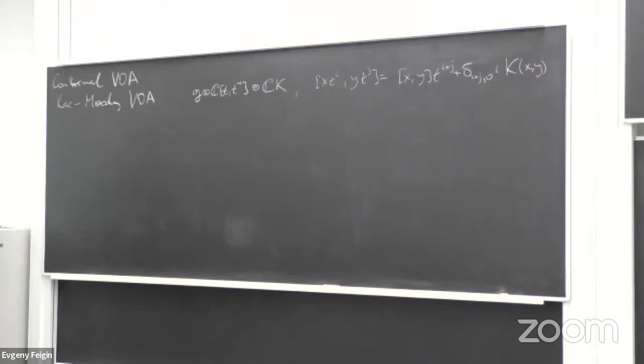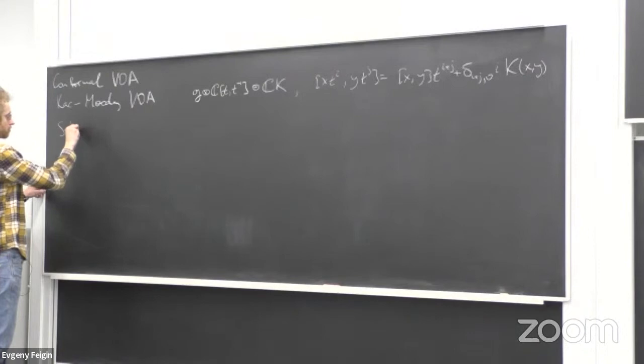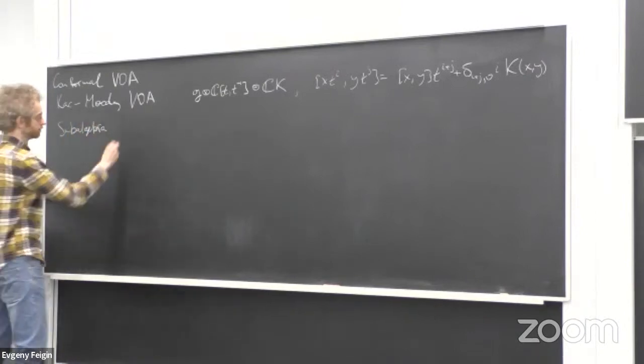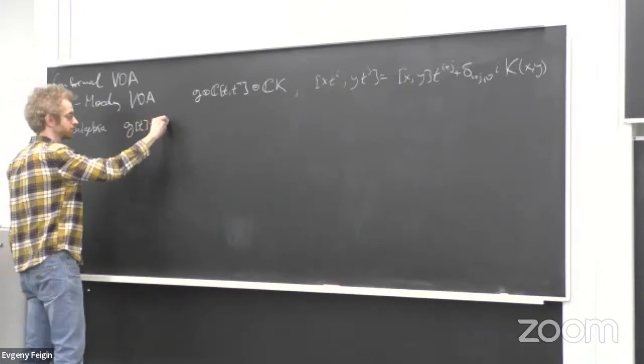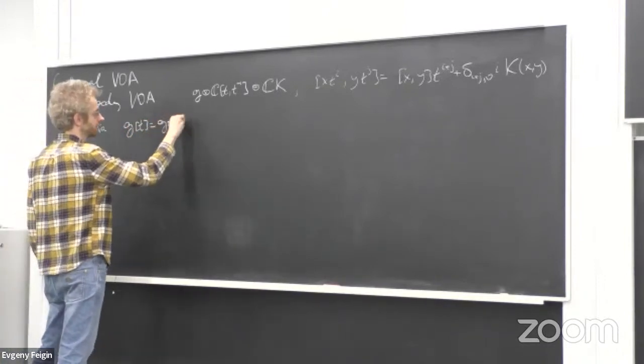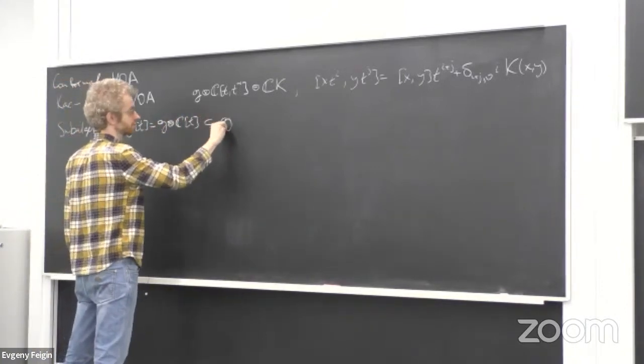Fine. And inside we have a subalgebra that is denoted by g[t], which is nothing but g tensor C[t]. And obviously this is a subalgebra inside g hat.